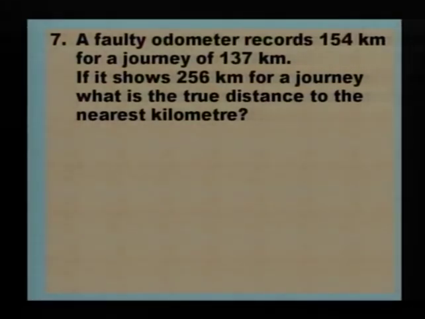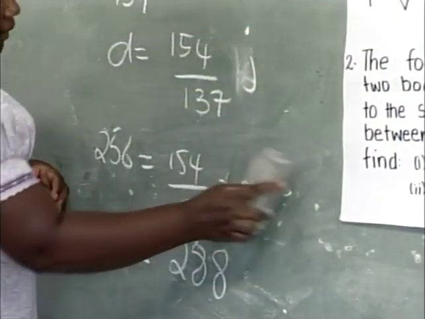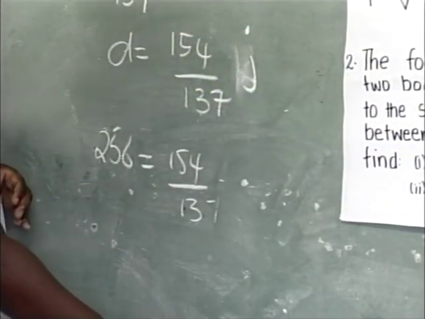Which means if a journey is 256, then the odometer will record higher than 154. If it shows 256 kilometers, then that one is supposed to be D. Right? Okay. Now we are getting somewhere.